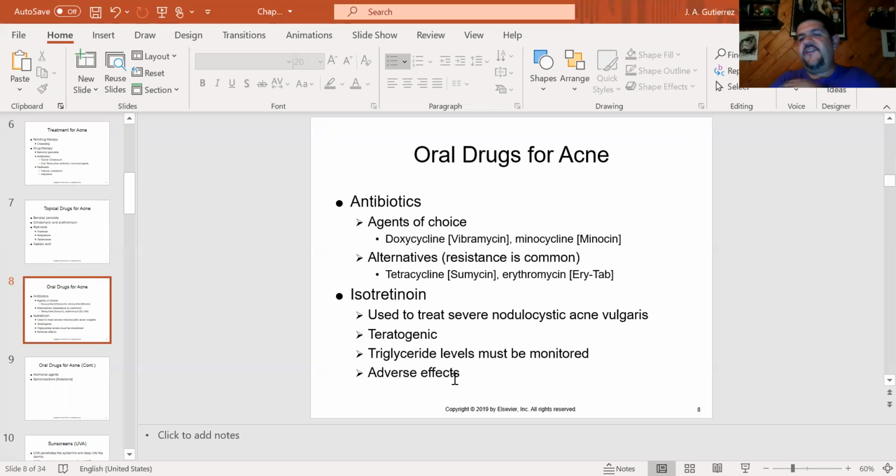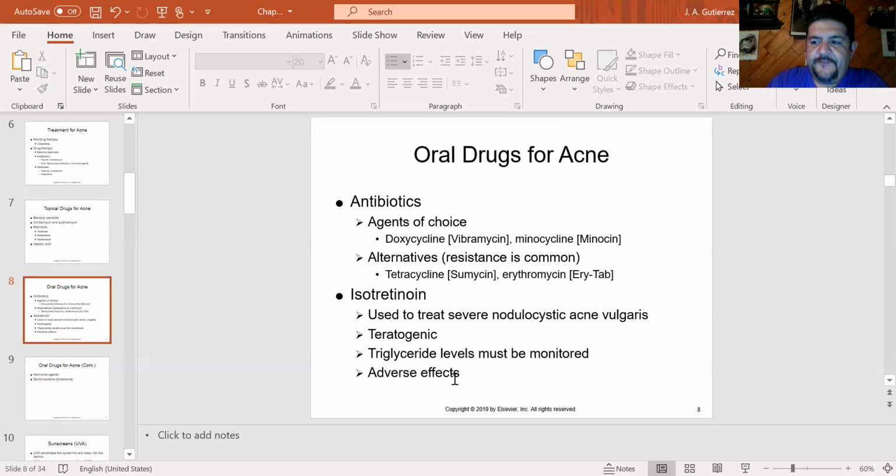So when this patient, especially the female patient, goes to see the doctor, they need to sign a pledge that they will take 2 types of preventive measures to avoid pregnancy.